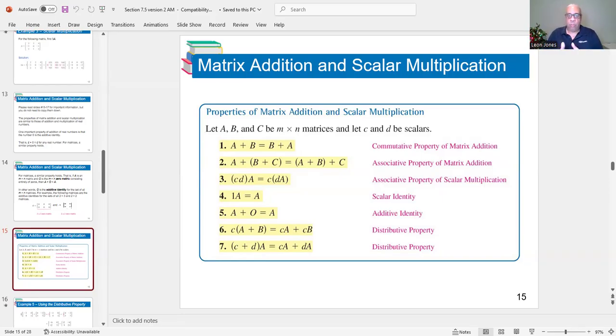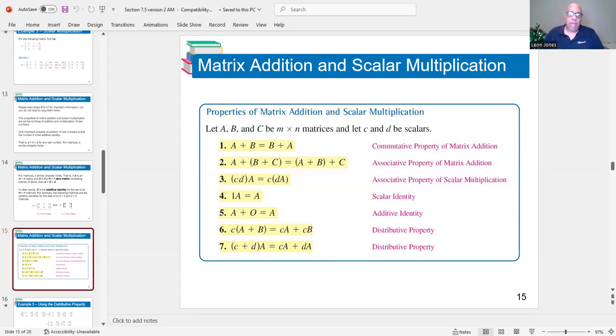Well, if I have 2 times 4 times 3, I can start with 4 times 3 at the second position, at lowercase d, and then uppercase A times c, which is your scalar value. I'm going to get the same answer.